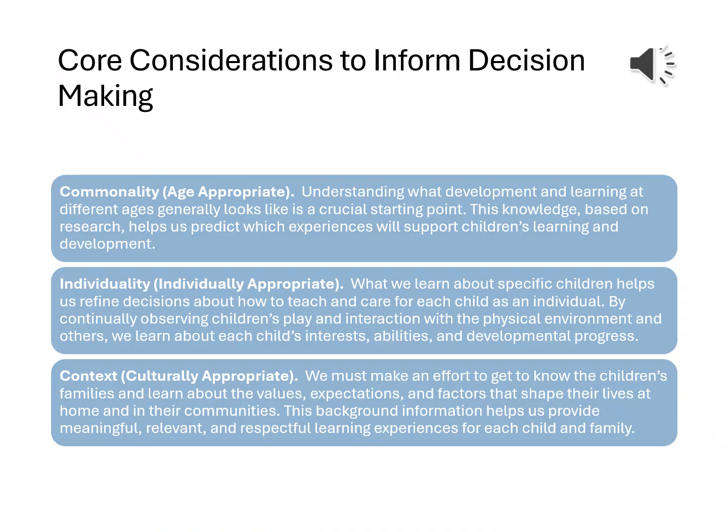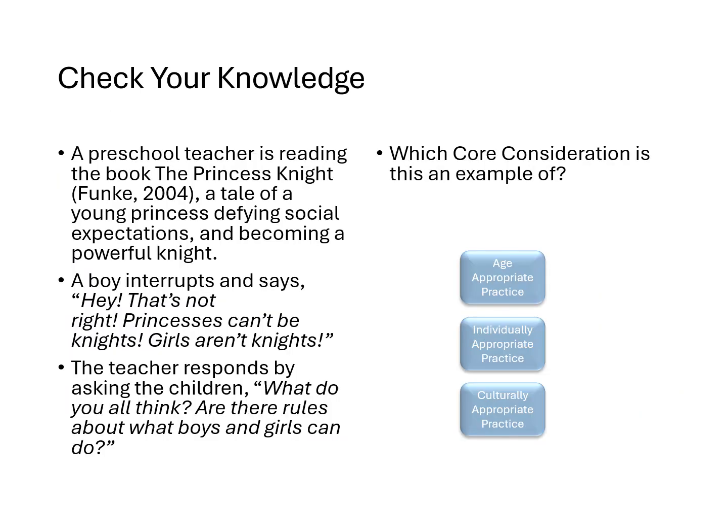So in addition to paying attention to developmental skills, we also have to pay attention to individual skills. Finally, developmentally appropriate practice needs to be culturally appropriate. So we need to pay attention to what children are able to do in the context of their families, the societies that they live in. So 3 things. We need to be individually, developmentally, and culturally appropriate.